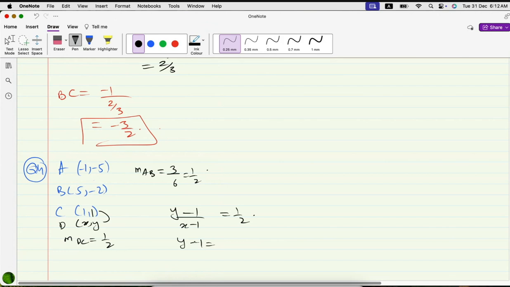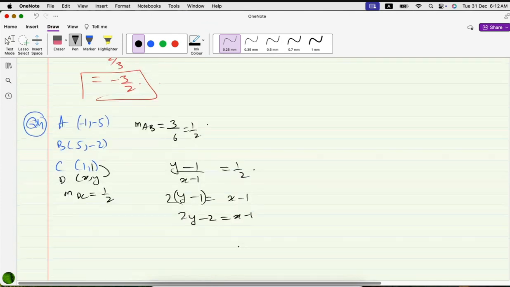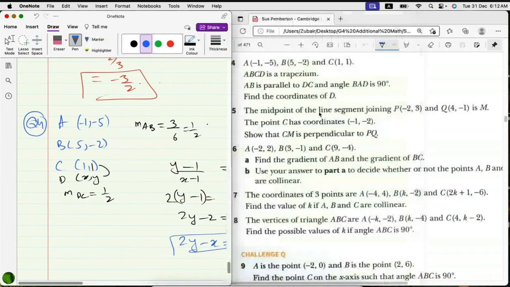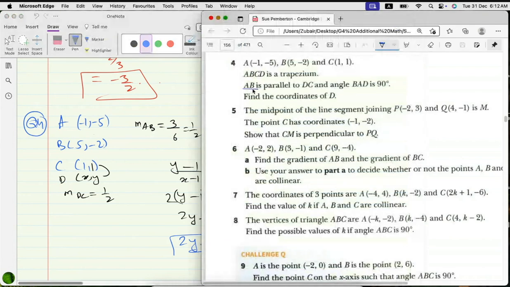So (y minus 1) into 2 is equal to x minus 1. 2y minus 2 is equal to x minus 1. So we're getting an equation: 2y minus x is equal to 1. This is one of the equations, and then the extra data is that AB and BC are perpendicular.